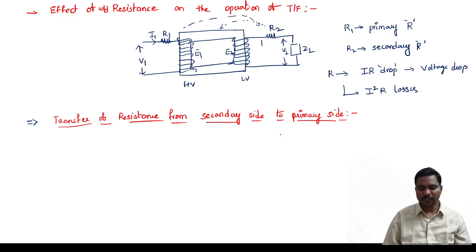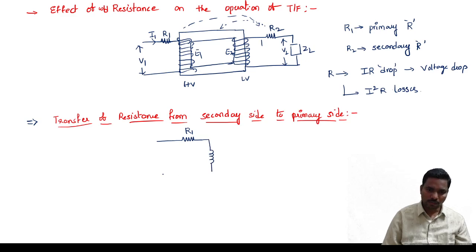Okay, transfer of resistance from secondary to primary. So I am taking the diagram here. Here I have the resistance R1. After that we have the transformer like this.